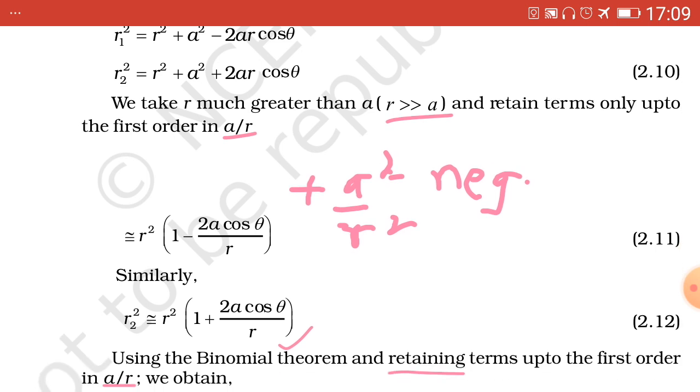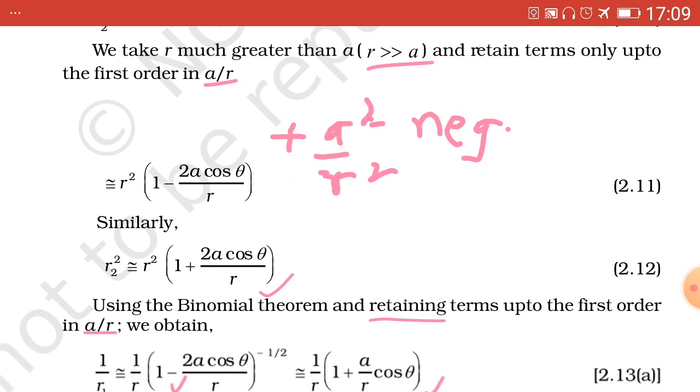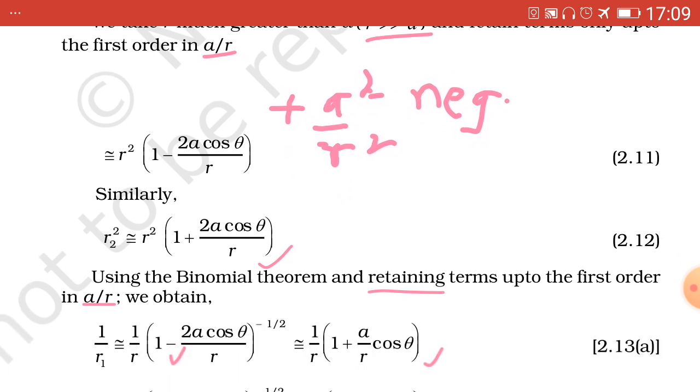Similarly, r2 square equals r square into 1 plus 2a cos theta upon r, which has been tick marked here as equation 2.12.